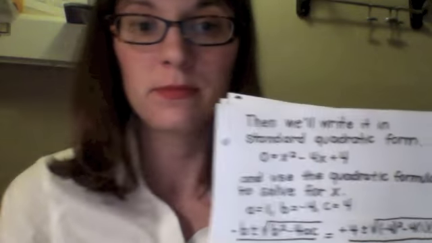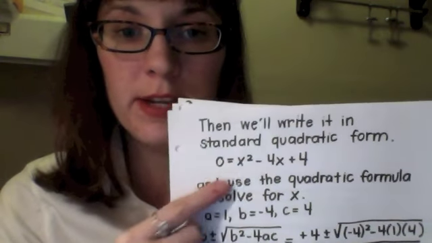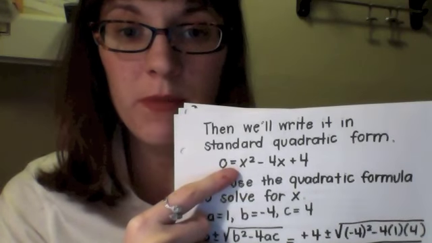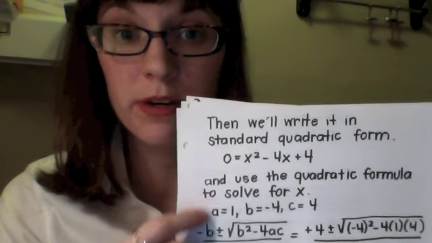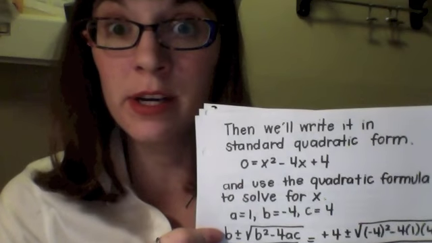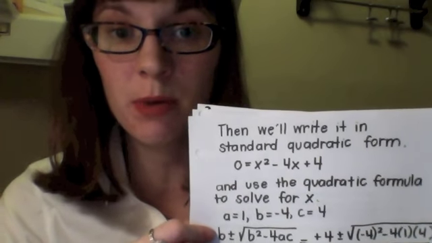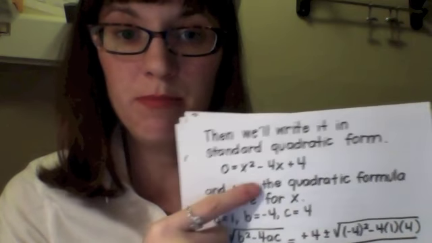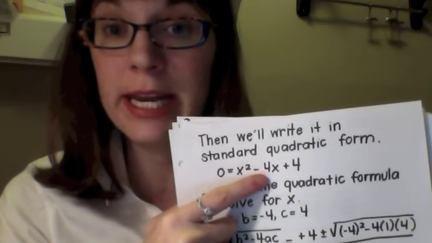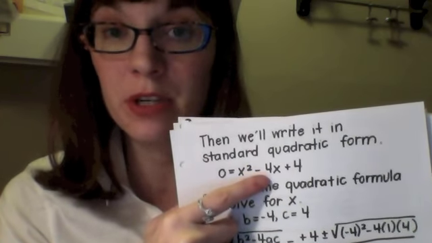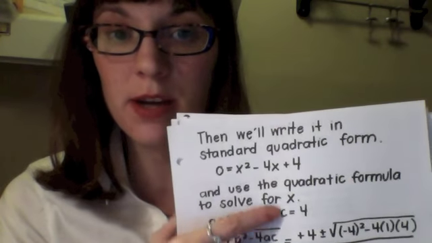You can see here in this example, a, which is always in front of x squared, is the mysterious, magical, and invisible number 1. B, which is always in front of our linear term, our x value, is -4. And C, which stands for constant, is 4.